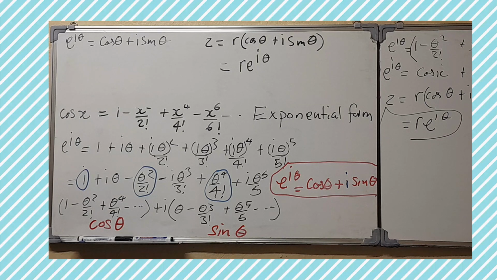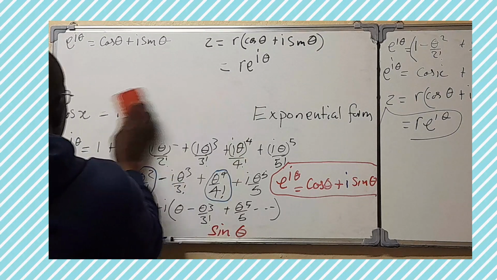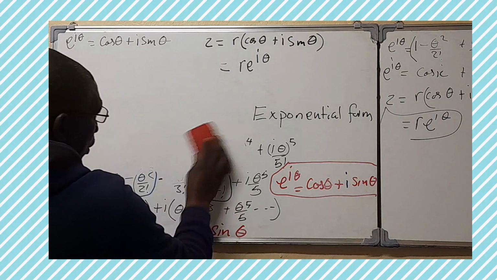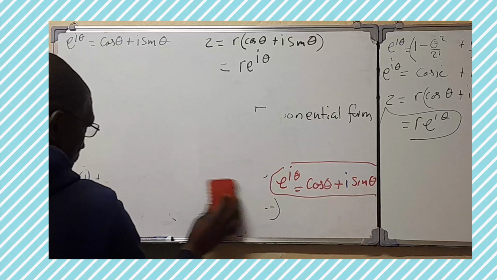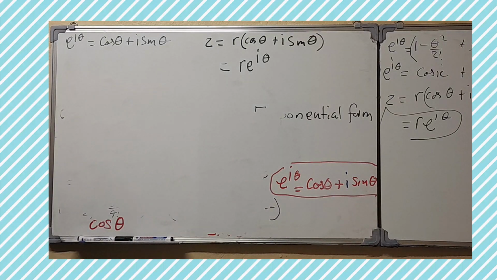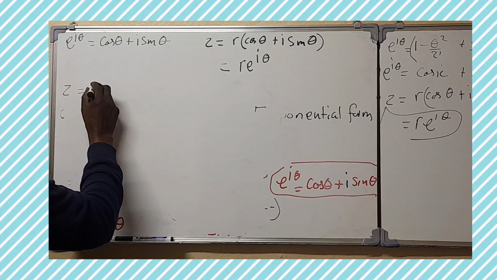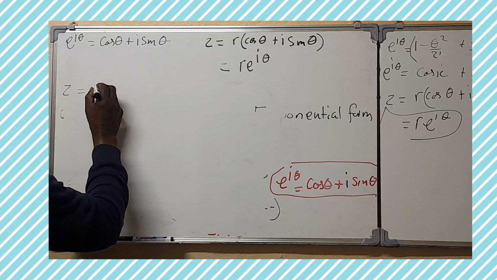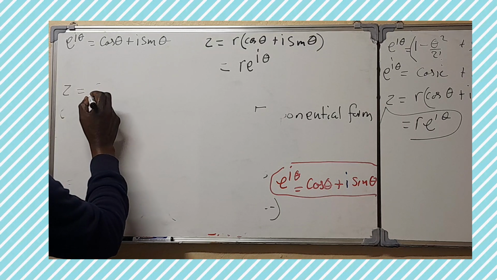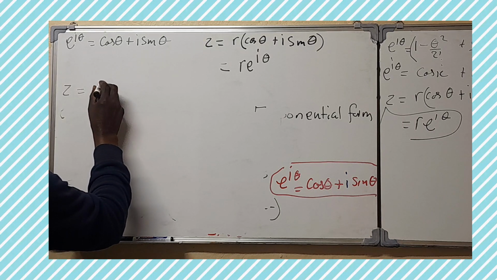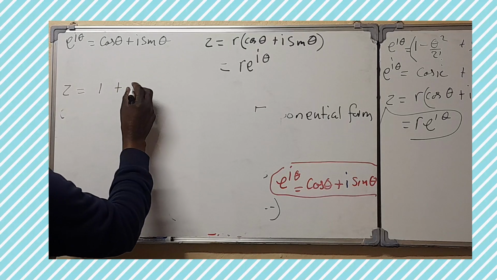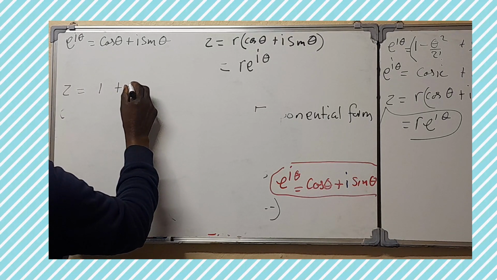Now, let's take just one example before we go. I keep losing my duster. Okay, so supposing we are given a complex number. Let's say we are given z is equal to 1 plus i.